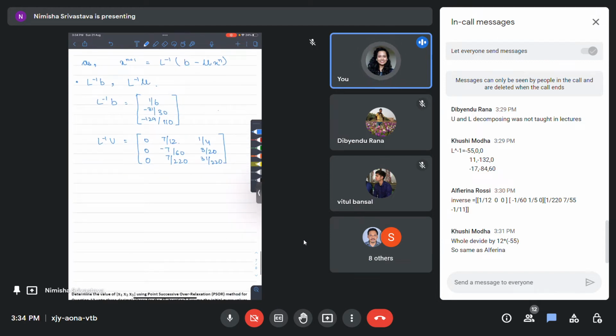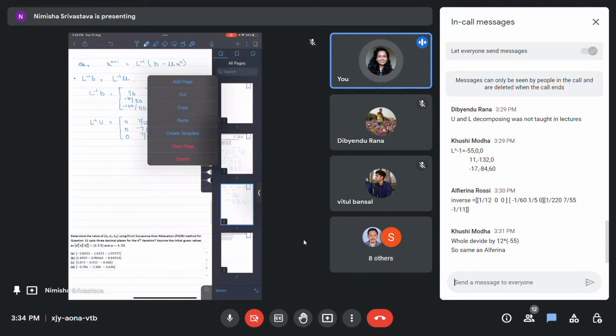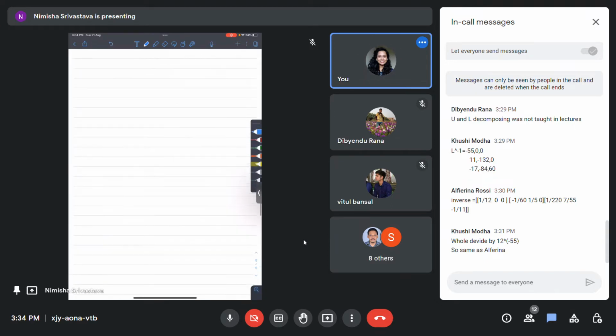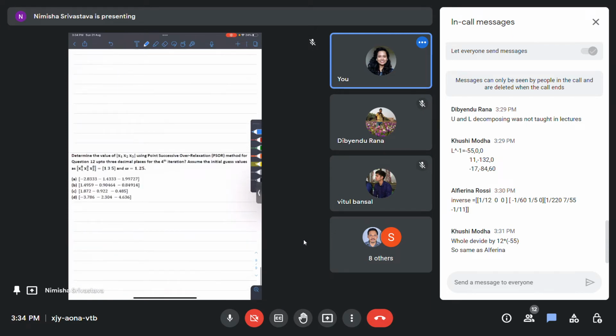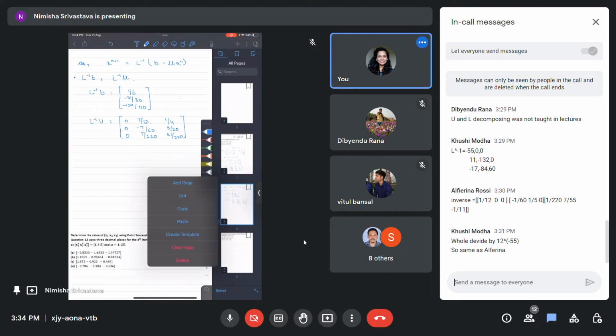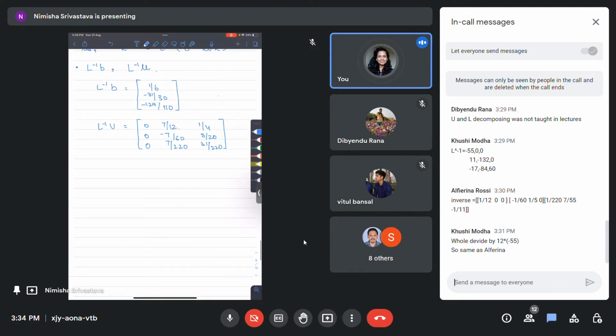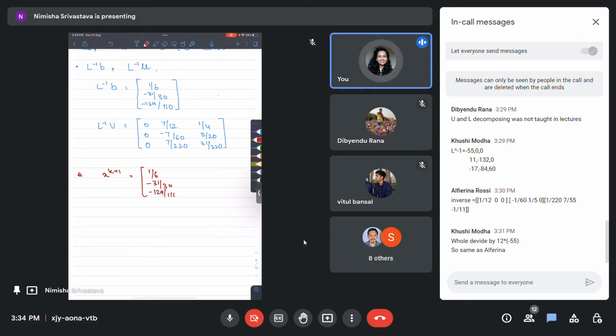Then once I have all of the requirements from my expression, I will say my x k plus 1 is equal to 1 by 6 minus 31 by 30 minus 129 by 110 into the x naught. I'm just going to write down the short thing.